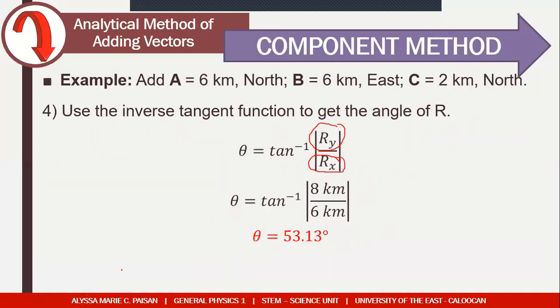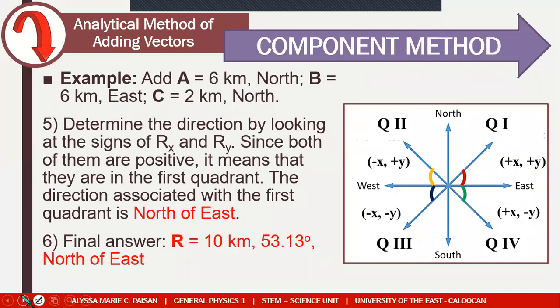Okay, moving on, using your calculator, you will be able to get 53.13 degrees. Now, how will you be able to get the direction? Ganun lang siya ulit. You're going to base the direction from the signs of your r sub x and r sub y. So just like our first example in component method, the r sub x and the r sub y are both positive, meaning they are located on the first quadrant.